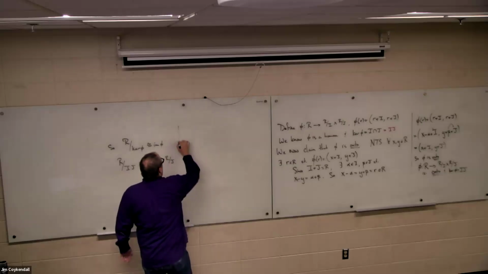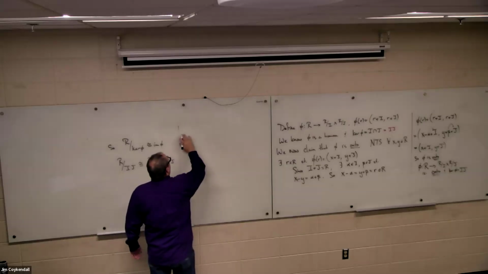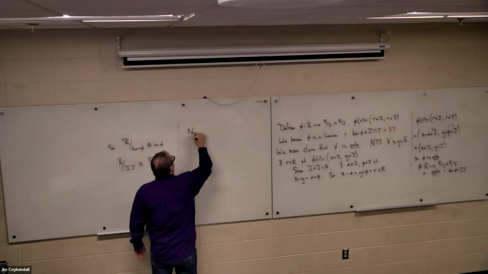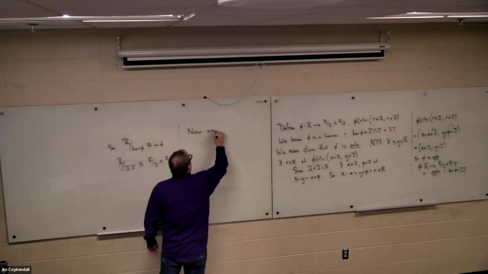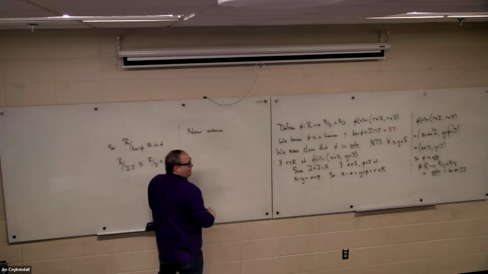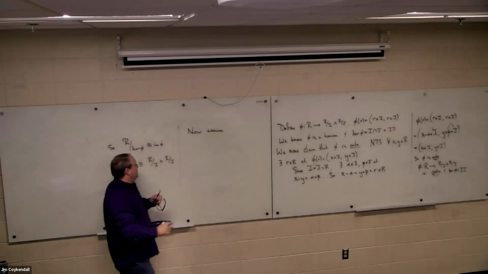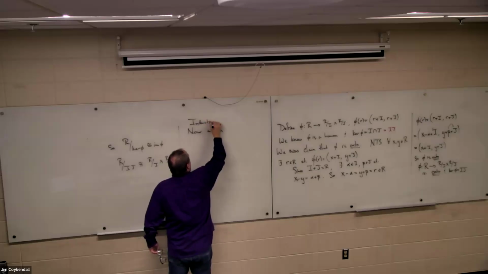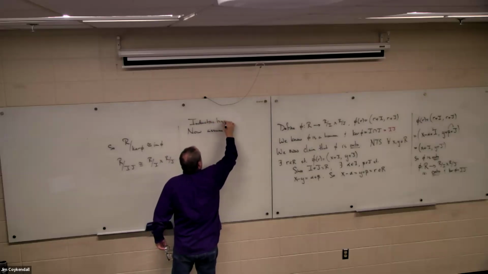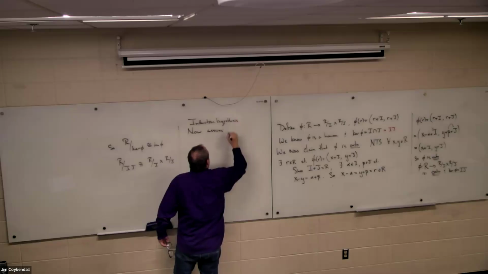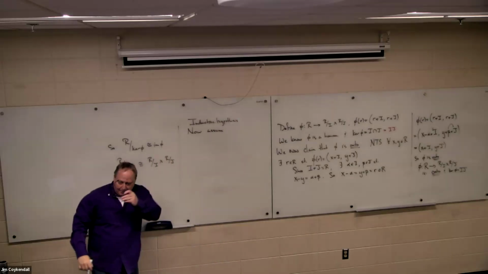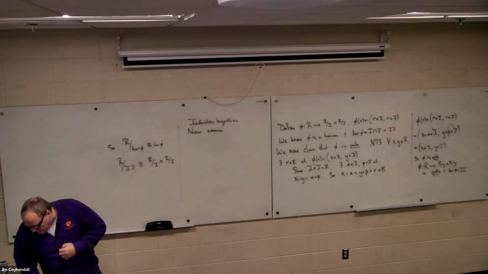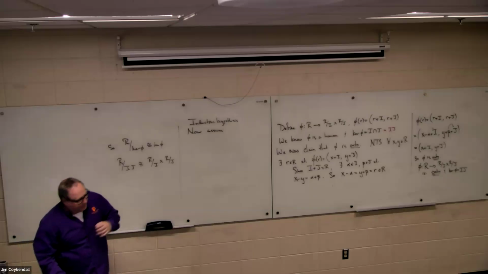for k equals 2. Now assume, this is the inductive hypothesis, we now assume that for some m greater than or equal to 2, the statement holds.